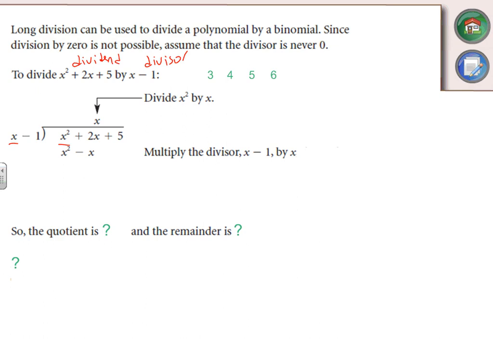The x times the x minus 1, so that part of the quotient multiplied by the divisor. Then we write it underneath and we subtract and bring down the next number.